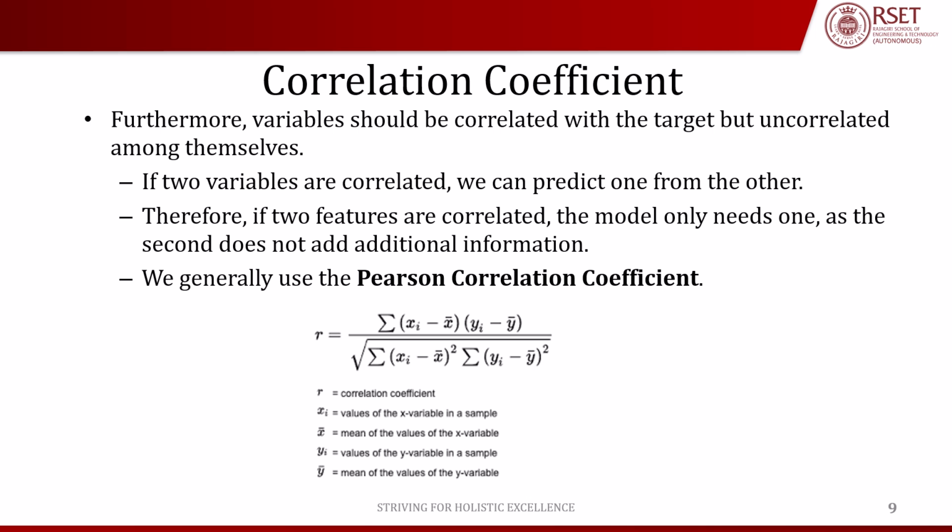If it is perfectly negatively correlated, it becomes -1. And values near 0 suggest that the features are very weakly correlated, and if it is 0, it means that they are not at all correlated.